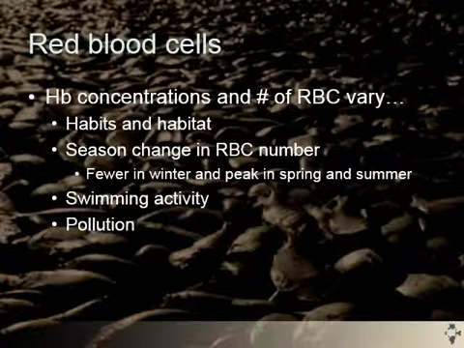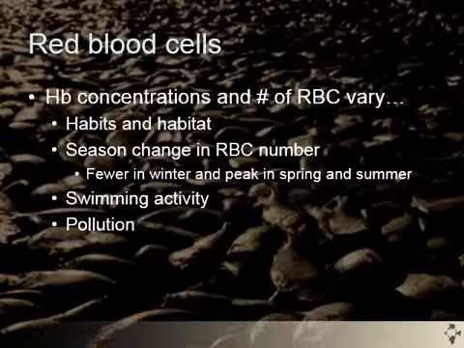Habitat will also influence the numbers of red blood cells and hemoglobin concentrations. Generally speaking, the lower the dissolved oxygen availability in the environment, the more hemoglobin and red blood cells you will have to compensate for that and ensure that the limited amount of oxygen available in the environment is captured.